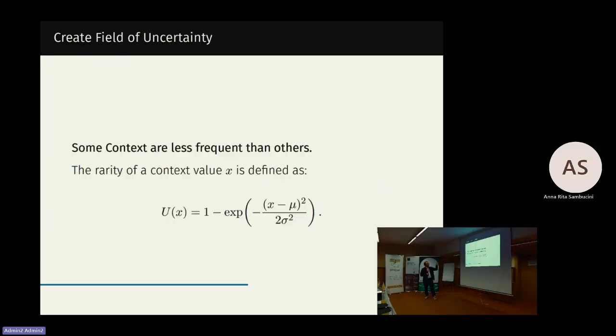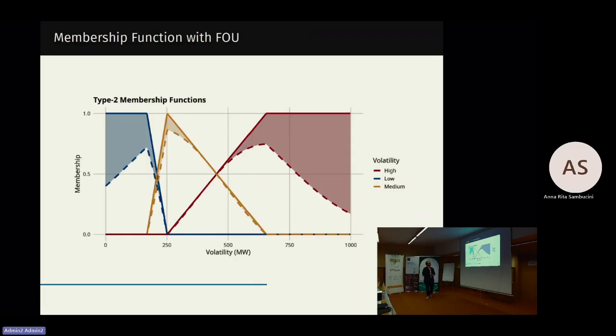When we have these two kinds of characteristics, we can combine them with rarity as well. We can say how prevalent this kind of feature or membership function is, how often it appears in the data, and so we can tell whether it's a reliable feature or not. When we combine this with the membership function, we get very interesting fields of uncertainty.